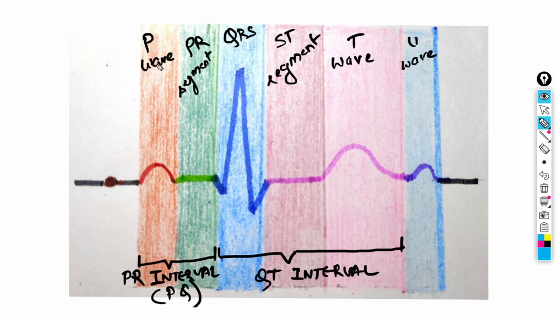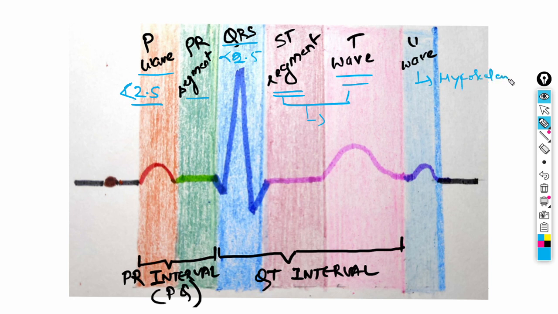Now, again the normal ECG. It has a P wave which should be less than 2.5 small boxes in height and width. PR segment, QRS complex which should be less than 2.5 small boxes in width. ST segment, then T wave. ST segment and T wave both show ventricular repolarization, and an occasional U wave can be seen in patients with hypokalemia.